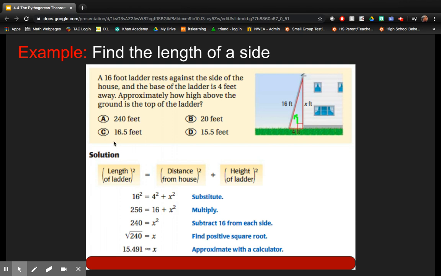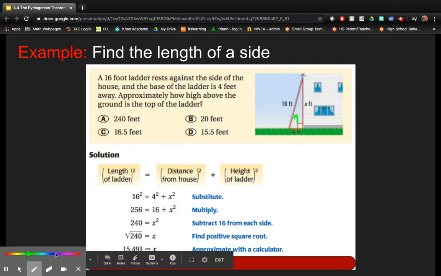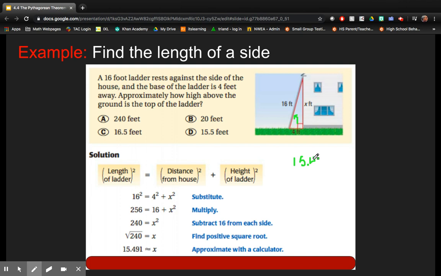Look at the answers. Your answers and your answer choices are either whole numbers or rounded to the nearest tenths place. If we give the answer 15.491 to the nearest foot, then 4 does not round 15, so that would be 15 feet.